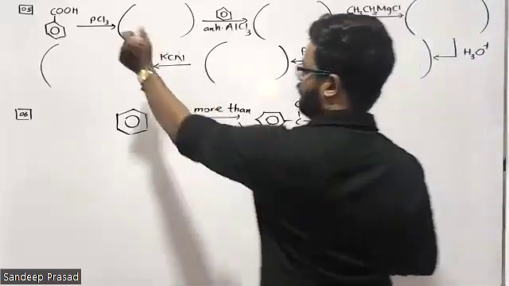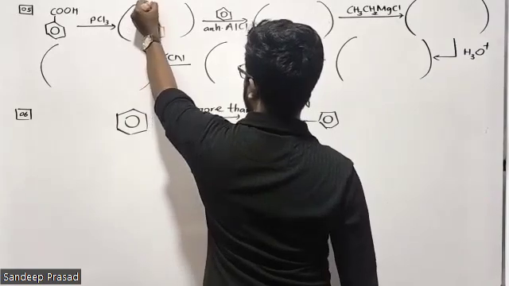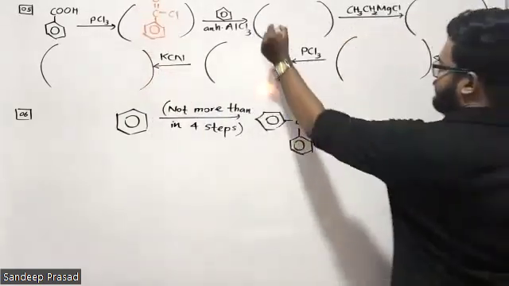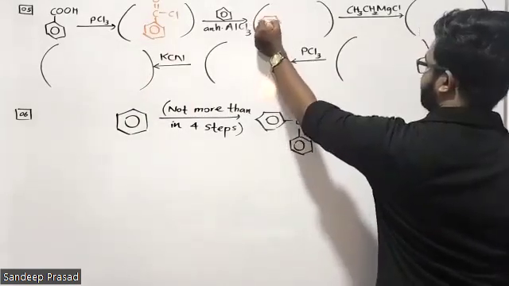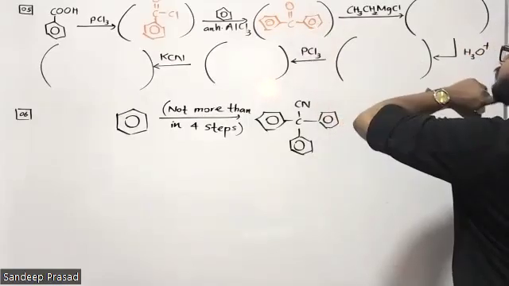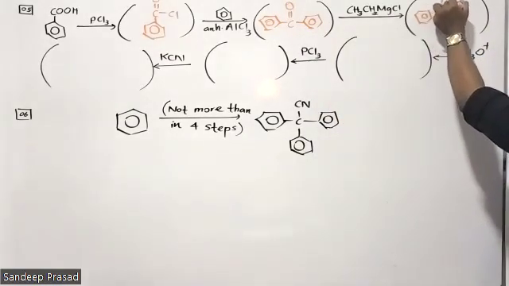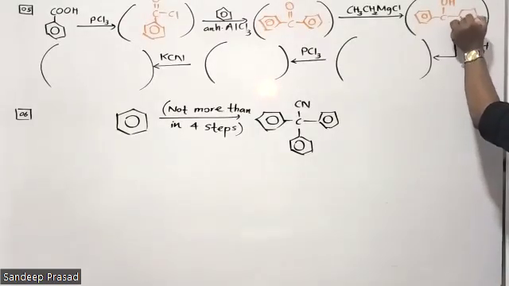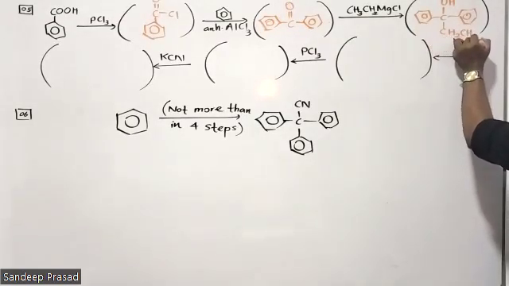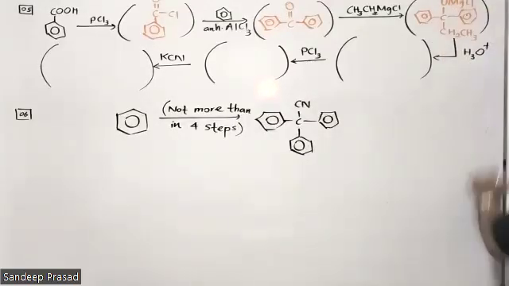First of all, let me do the fifth one. The fifth one is very easy. We can form benzoyl chloride. Benzene is added in the presence of anhydrous aluminum trichloride. Here this one should be OMgCl.